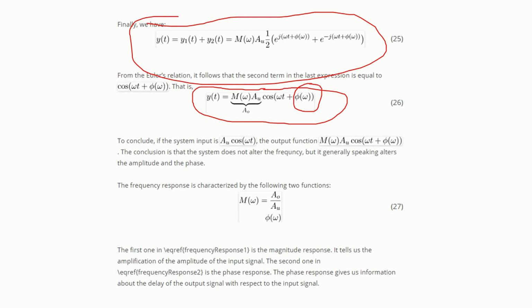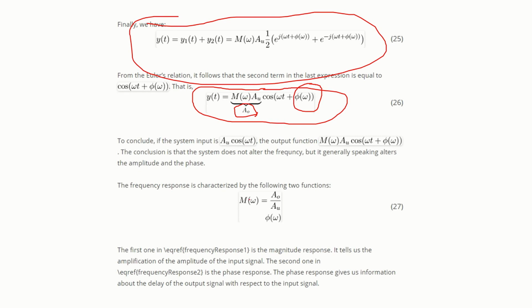For example, this can be a delay, and the amplitude is m of omega times a. So we see that the amplitude of the output signal is a function of the amplitude of the input signal and m of omega, where m of omega is the magnitude of the transfer function.